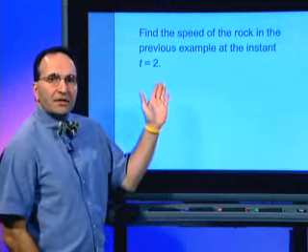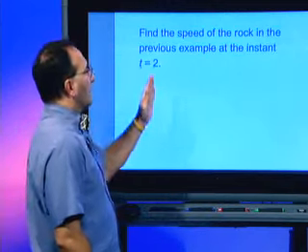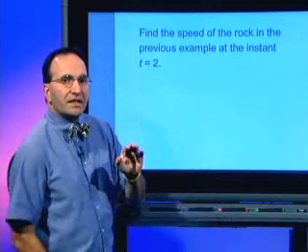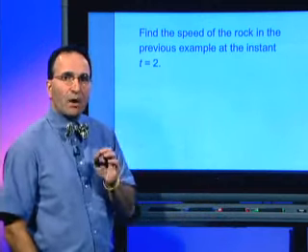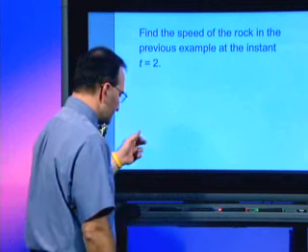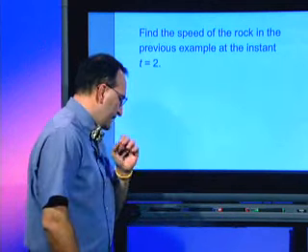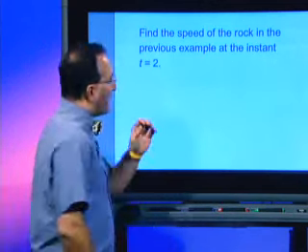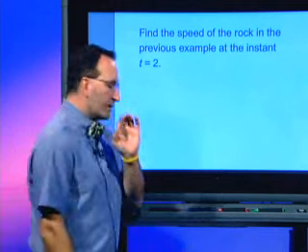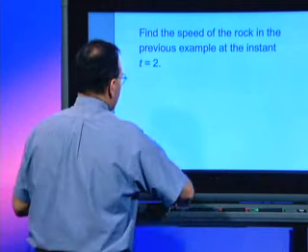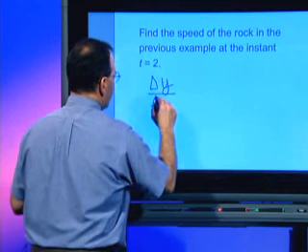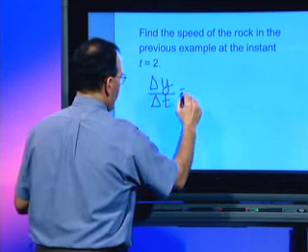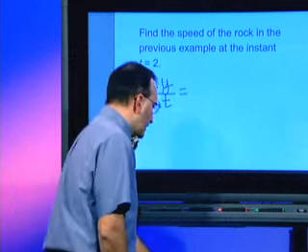In this particular case, we want to find the speed of the rock at the very instant of 2 seconds. In that case, the speed is delta y divided by delta t in the following formula.